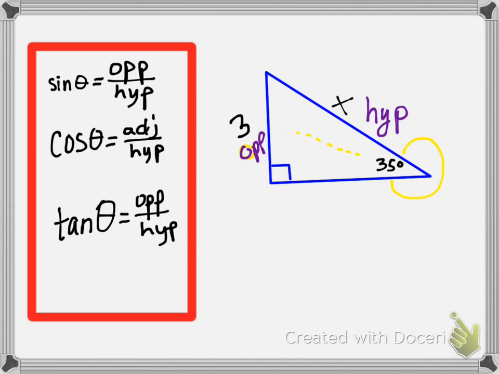And we see that sine is going to be what we'll use. So we'll use the sine of 35 degrees is equal to, and again, we're trying to make a decision if it's 3 over x or x over 3. And the 3 is on the opposite side, so we'll put the 3 up on top and the x on bottom.